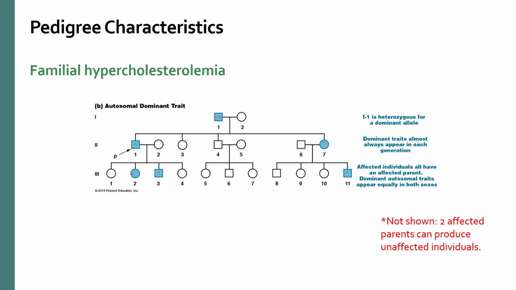There's no skipping of generations, but I do want to point out that we've got this group here where it does appear to skip or appear to be hidden. Basically, what has happened is that these individuals are all exhibiting the recessive trait. So it does appear to have skipped, which is why I ask students not to rely solely on that and to look at where the children are inheriting from.